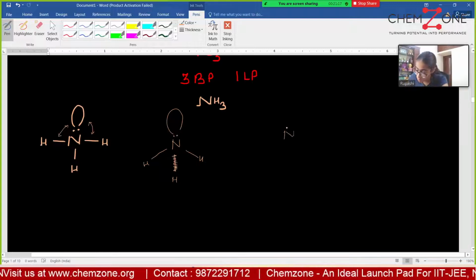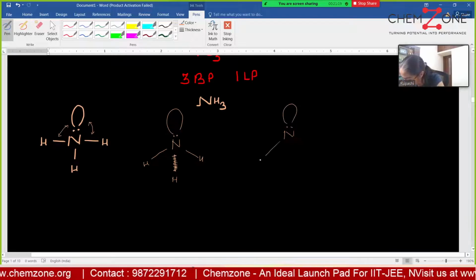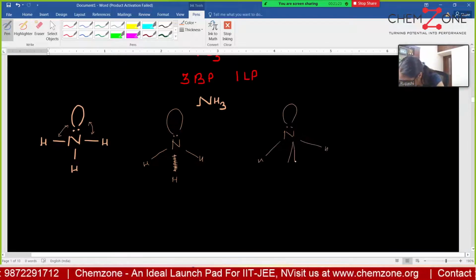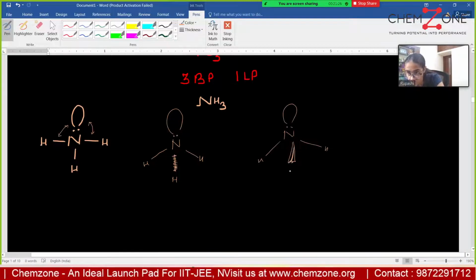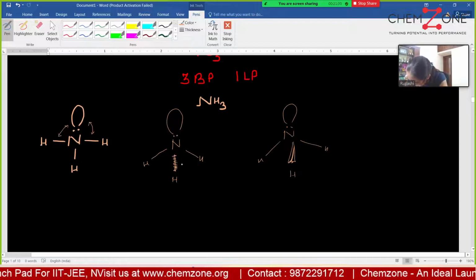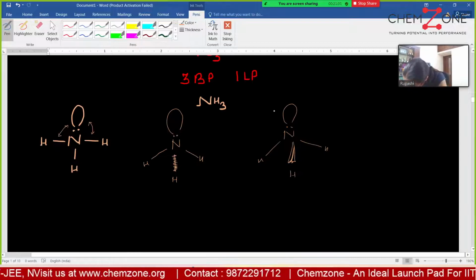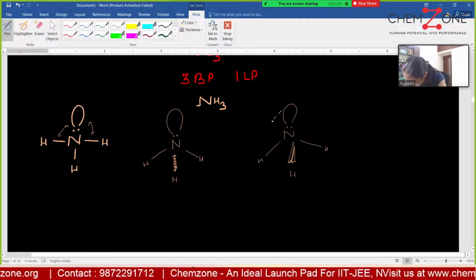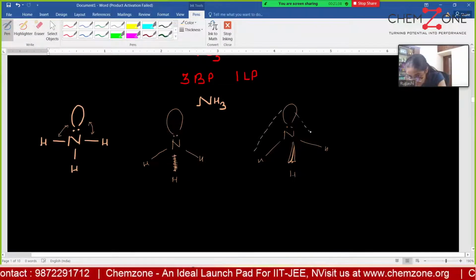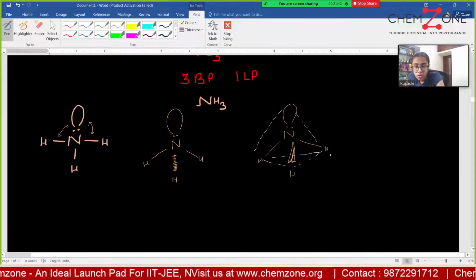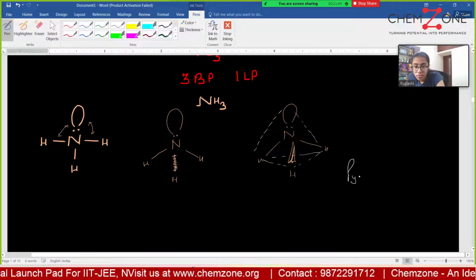or you can show it towards the observer by this wedge formula. If you join all these points here, this is pyramidal.